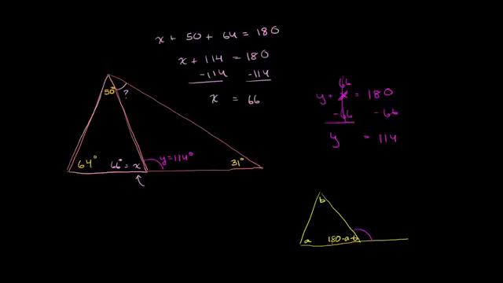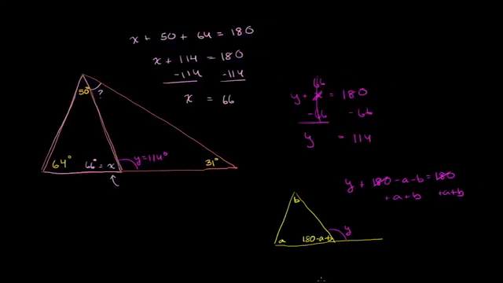So this angle plus 180 minus A minus B is going to be equal to 180. So if you call this angle y, you would have y plus 180 minus A minus B is equal to 180. You can subtract 180 from both sides. You can add A plus B to both sides. And then you're left with, these cancel out. On the left-hand side, you're left with y.